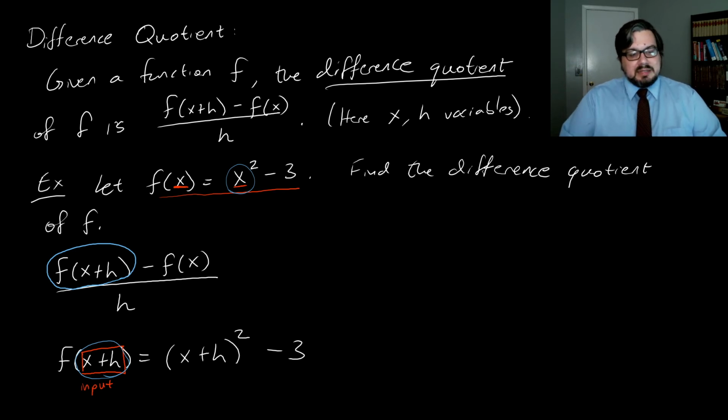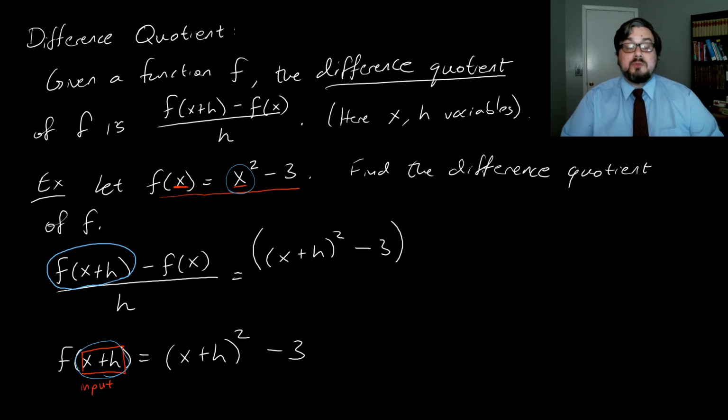So let's finish this example here and then do another application. So f of x plus h is exactly what we get when we plug x plus h into the formula for the original function in place of x.